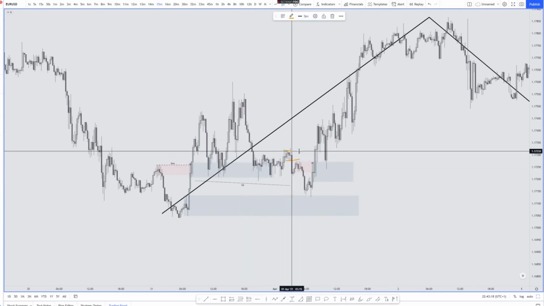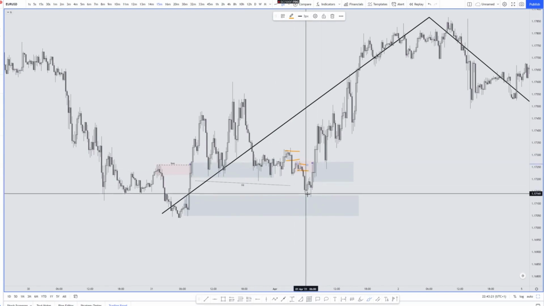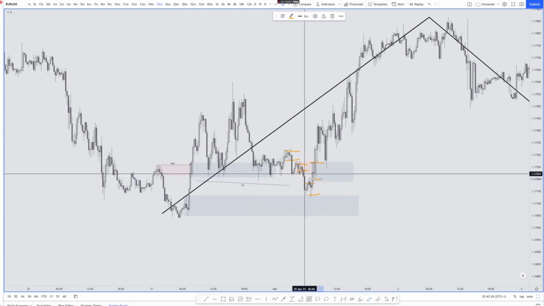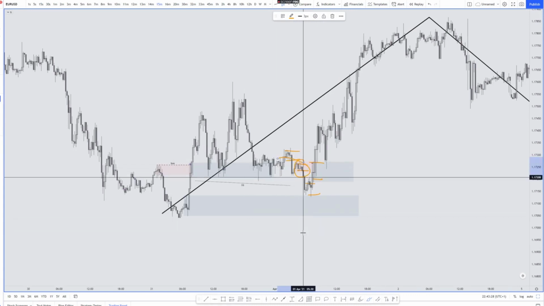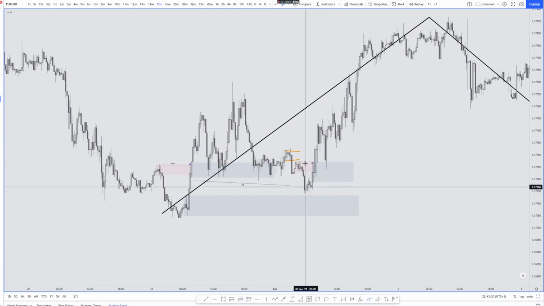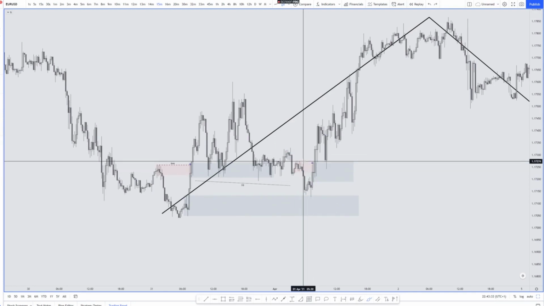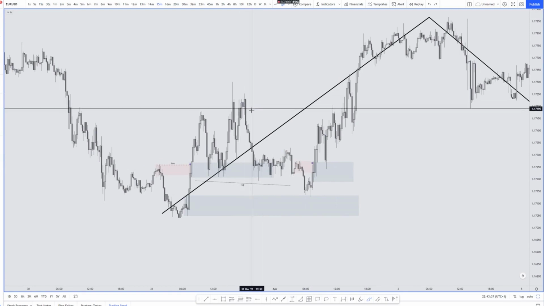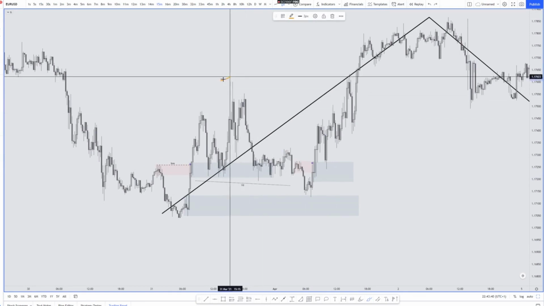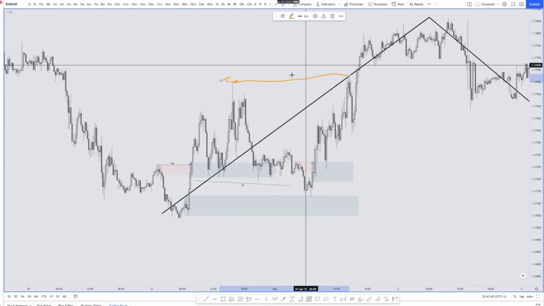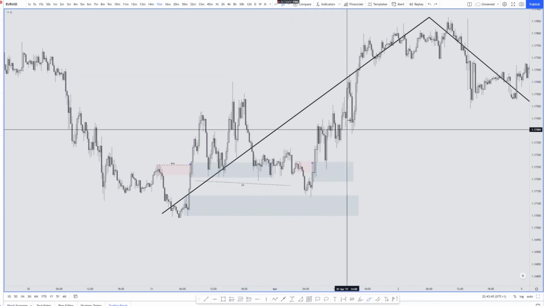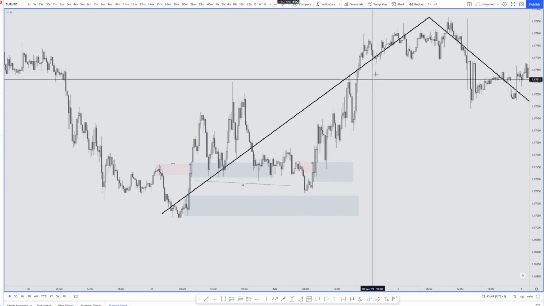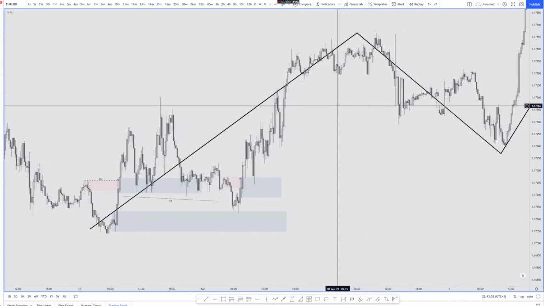Supply is in control here, demand starts taking control but doesn't fully take control until this supply fails. So at this point we can make an assumption that if this supply fails, we can maybe expect the next one to fail. It's not necessarily confirmed until this high goes, but once this high goes and we are bullish, we can start creating a trade idea that the trend is likely to continue up.